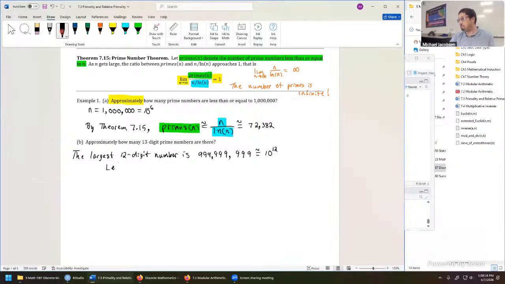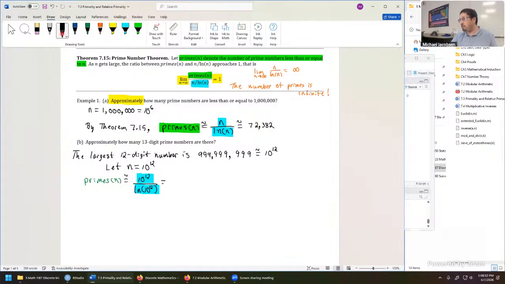Let n equal that 10 power 12, then primes n is going to be approximately equal to 10 power 12 divided by the natural log of 10 power 12. I was going to put that whole thing in the denominator once again.